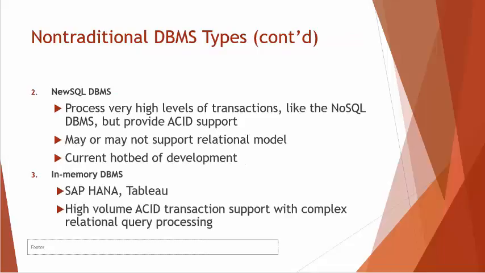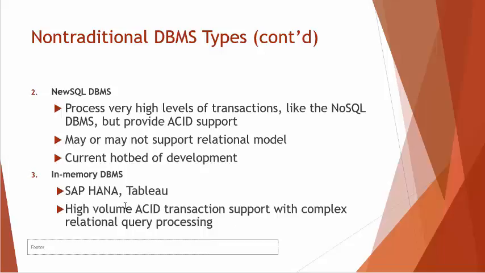Now you may still need to have some database management systems that process very quickly. They're similar to NoSQL, but they provide some ACID support. They may or may not be a relational model. That is, they can't link tables. So there's a lot of development going on in this area right now.